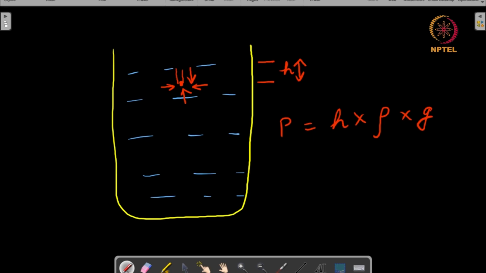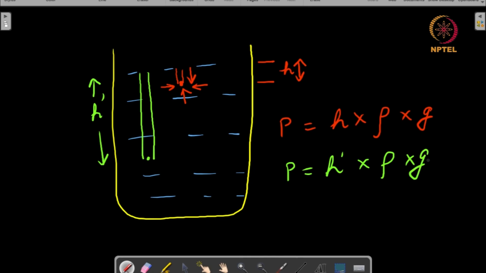Now, if we consider another point here, in this case the value of H is larger. So, let us call it H prime. The pressure at this point is given by P equals H prime into rho into g. The larger the H prime, the more the pressure.